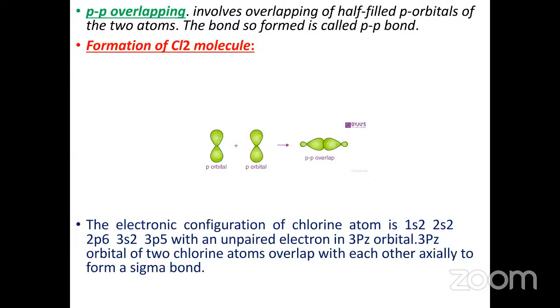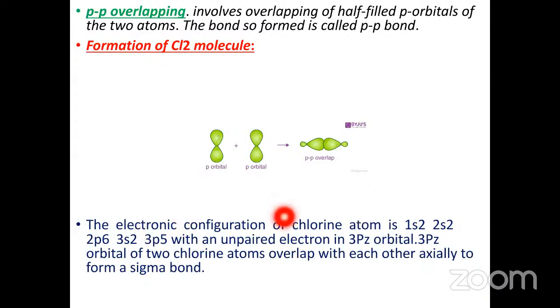pp overlapping involves overlapping of half-filled p orbitals of two atoms. The bond so formed is called a pp sigma bond. Example, chlorine molecule. The chlorine atomic number is 17, so its electronic configuration is 1s2, 2s2, 2p6, 3s2 and 3p5.